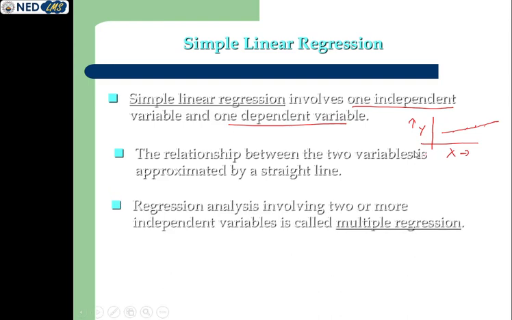Now students, if regression analysis involves two or more independent variables, then this is called a multiple regression model. So this is another type of regression model. There are two types of regression model. Number one, linear regression model, in which there is only one independent variable and the dependent variable is always one.